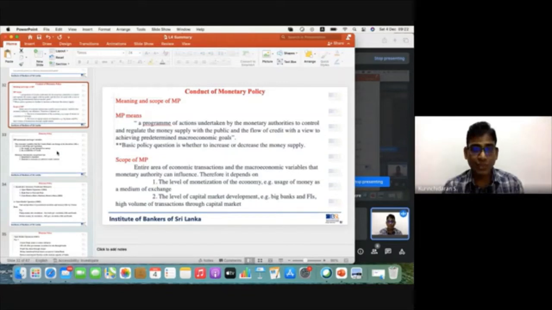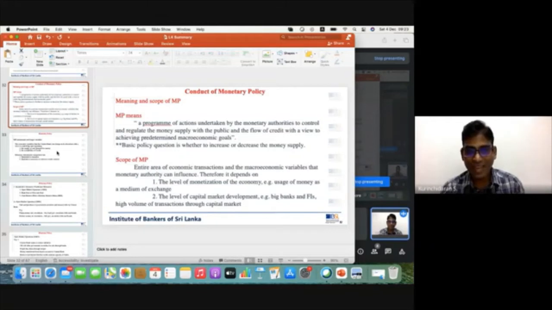Through that regulation of money supply, the central bank can control credit, that means loans, credit creation, or deposit creation. When you create a deposit, you create a loan. Sometimes we say credit creation, sometimes deposit creation, but theoretically it's deposit creation.